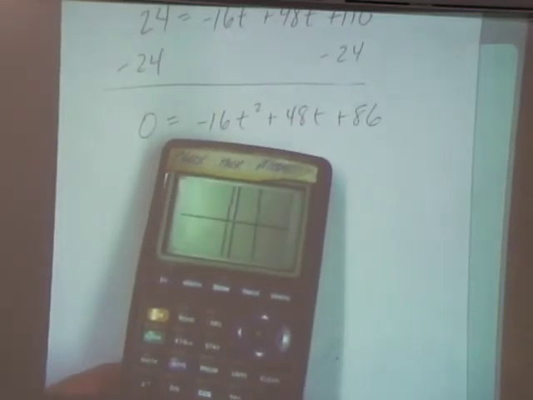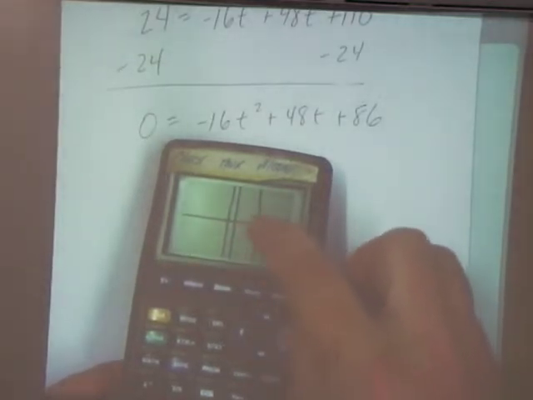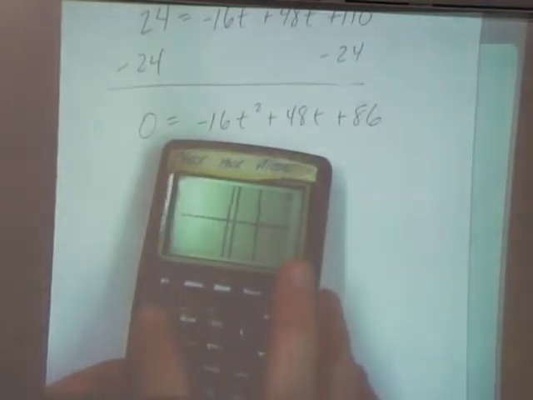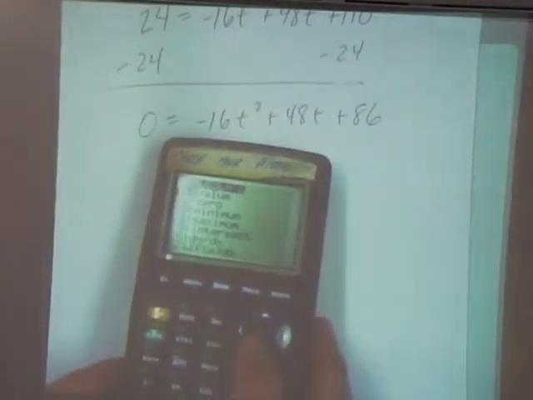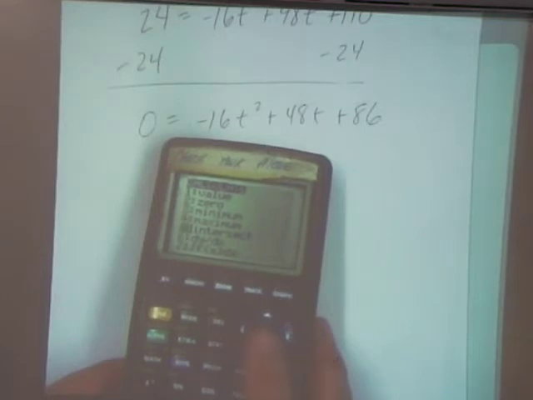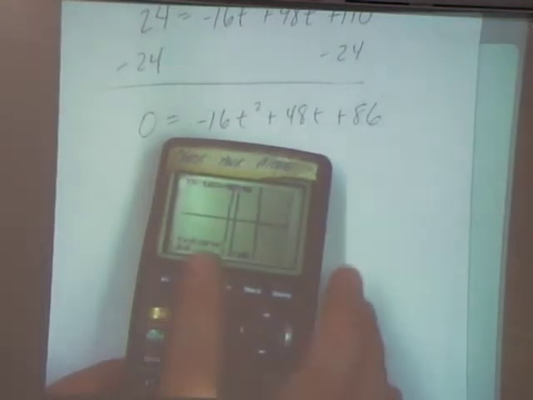Good. All right, so in our calculators, the x means like 10. That's just your calculator. Okay, so we need that point right there, right? Second calc, intersect. Right now I'm on y1.